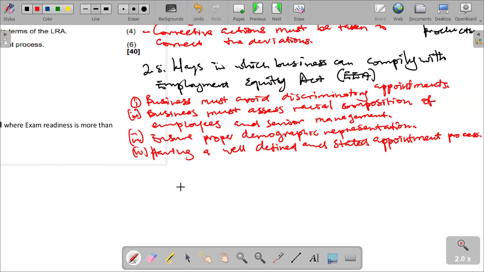Eliminate barriers that have an adverse impact on designated groups.